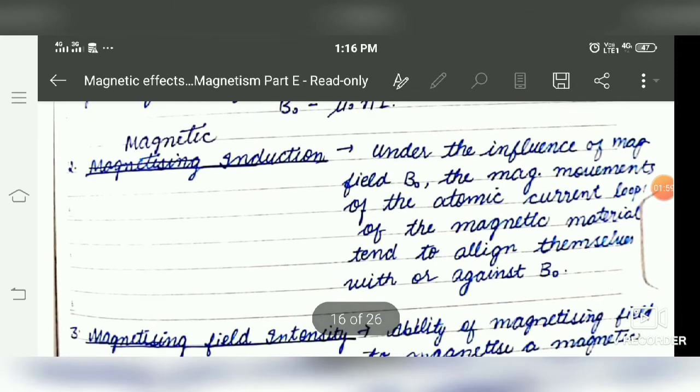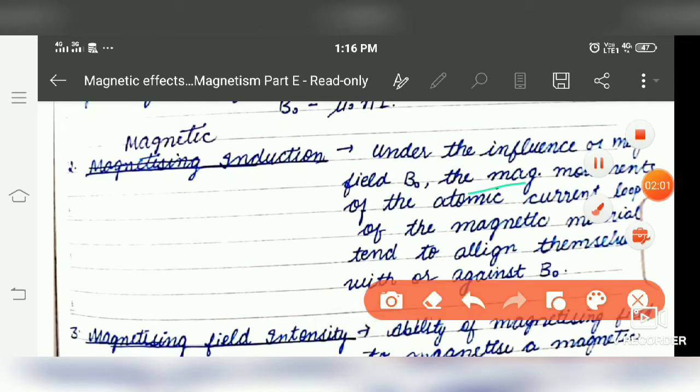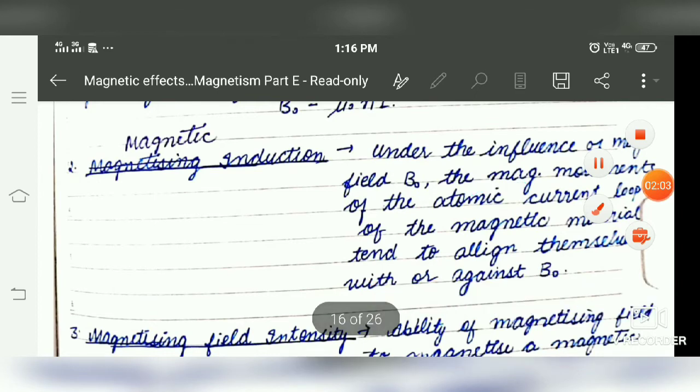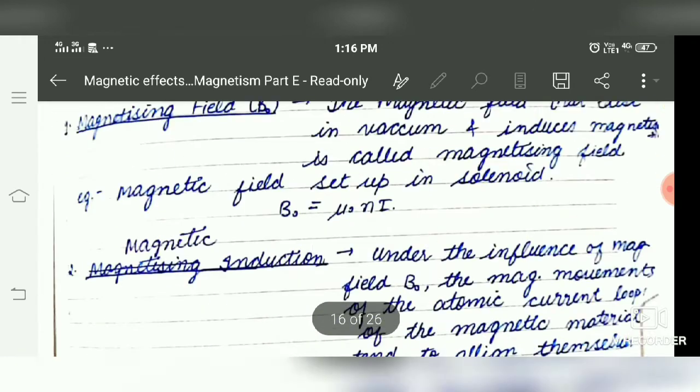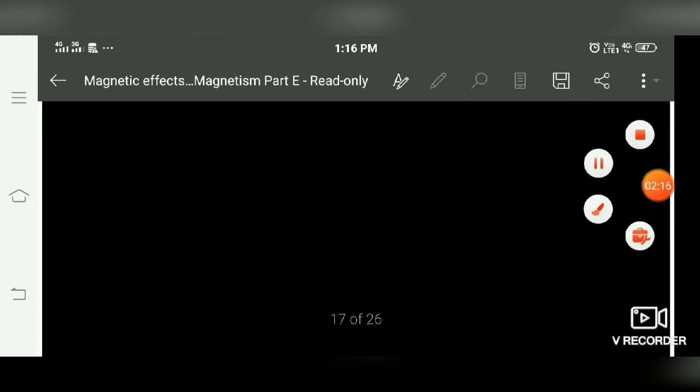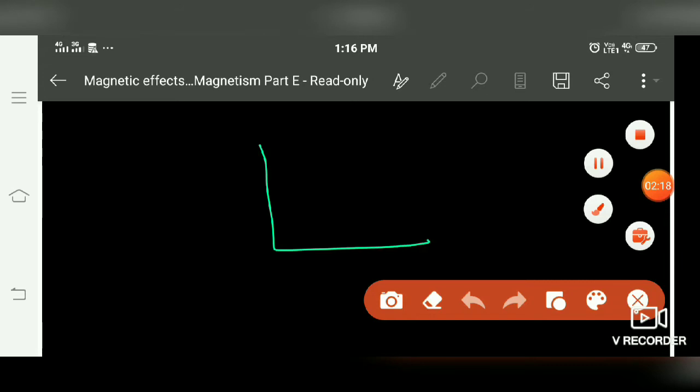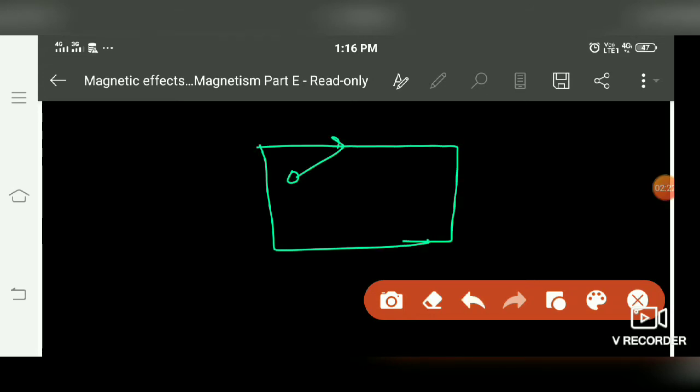magnetic induction. Under the influence of a magnetic field, the movement of atomic current loops of a magnetic material tends to align themselves with or against the magnetic field. It means inside every material there are atoms, and atoms have some magnetic moment.